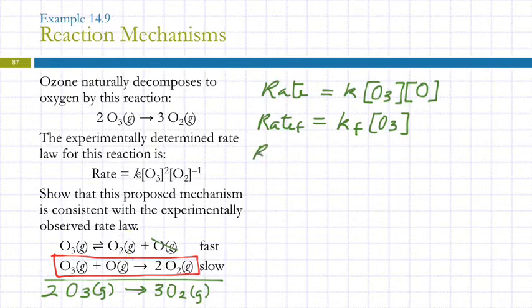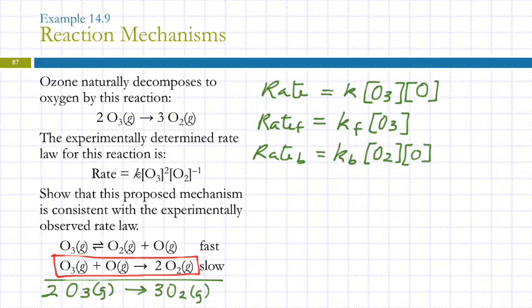The reverse reaction, I'll stay with B. I think the original B should have been an R, but we don't want to be more confusing than we have to be. The reverse reaction, remember that guy is there. It's a constant for that reverse times O2 and O. Those don't have coefficients either. Well, they have coefficients of 1, and they'll have exponents of 1.